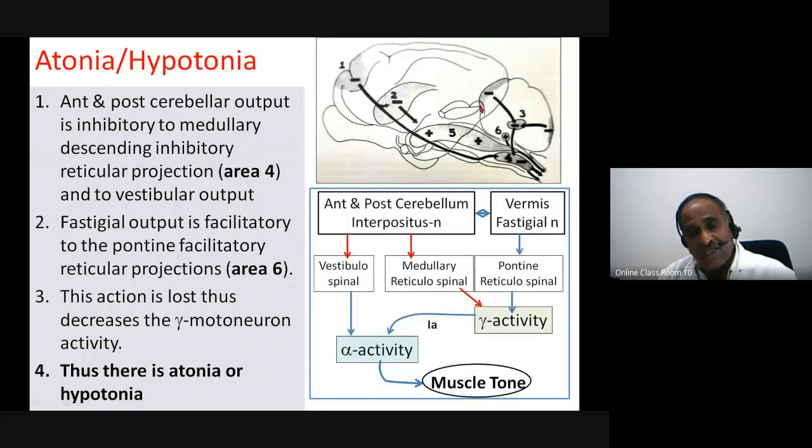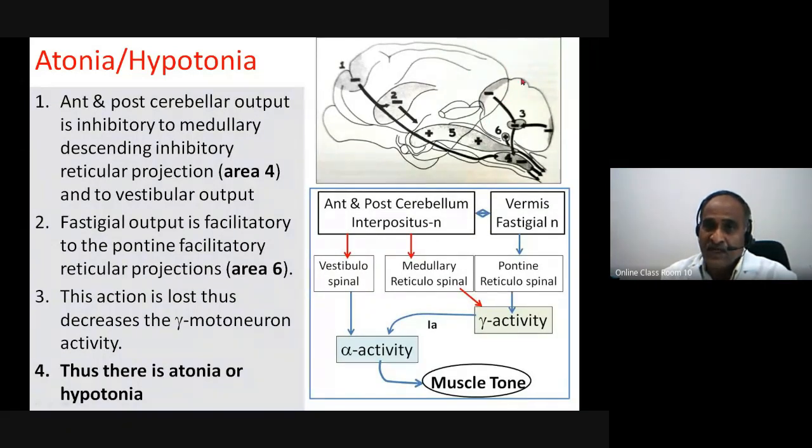So they took this experiment further. They said that the anterior part of the cerebellum is the part where alpha and gamma motor neurons are coordinated. So they took normal cats, anesthetized them, and recorded the alpha motor neuron activity and the gamma motor neuron activity.